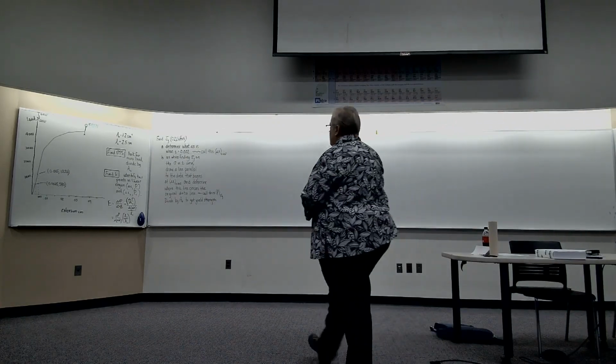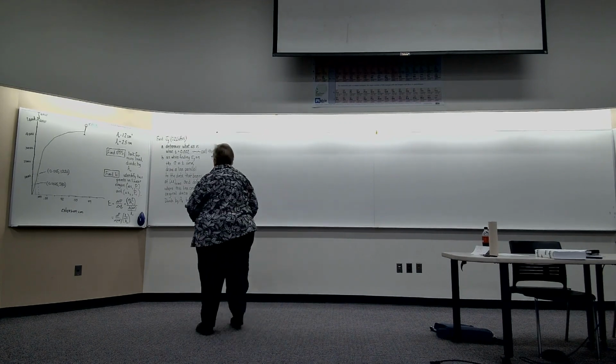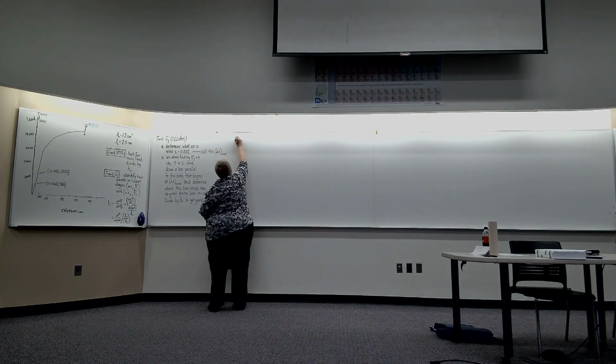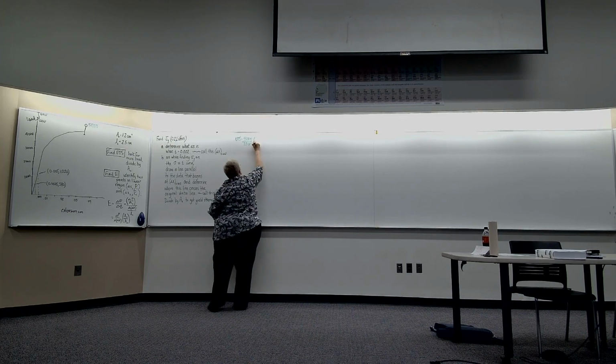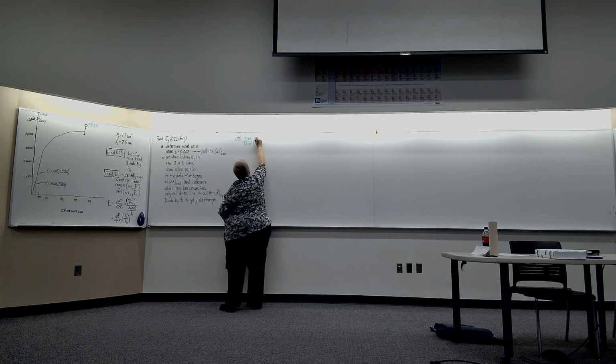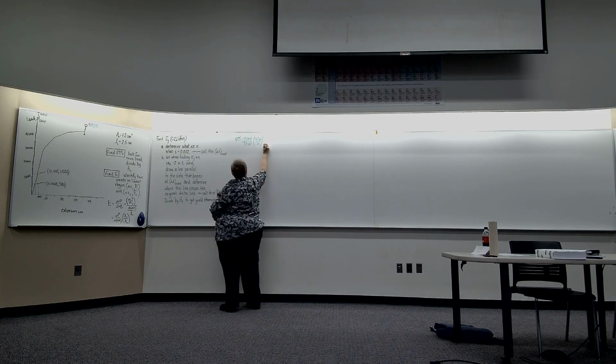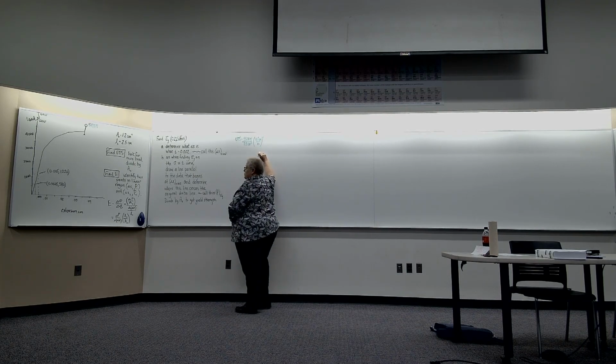Let's proceed here. We have the original cross-sectional area as 1.2 square centimeters. So UTS is equal to 5,500 newtons divided by 1.2 centimeters squared. And I have 10 to the second power centimeters per meter, and I'm going to square that. So now I have newtons per square meter, which are pascals.